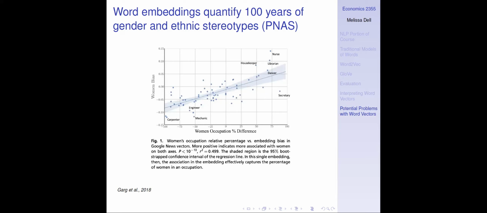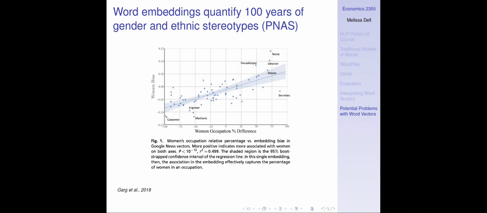If you look at the word nurse, how likely is it that she is in the context relative to the ratio that he is in the context? And you can see that even though women are likely to be nurses, there's an even greater exaggeration of that in the news media. The news media is very unlikely to report on male nurses, and they're even more likely to report on female nurses than they are in the population.